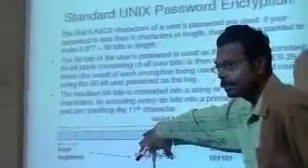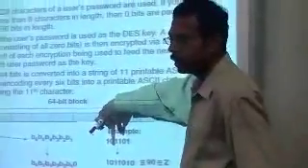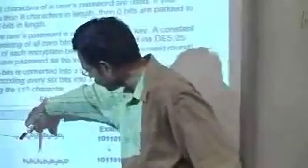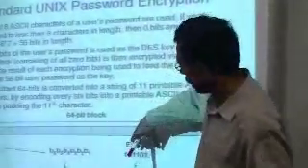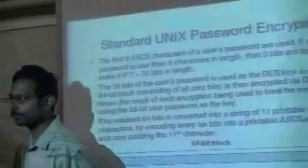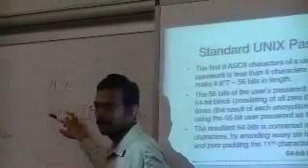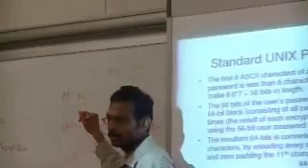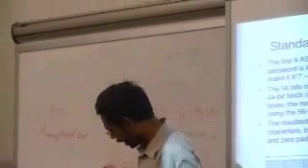So this is one 6-bit value, another 6-bit value, together making 12 bits. Each 6 bits goes through this process and you get a printable ASCII character. That's how you get those two characters representing the salt. Is that clear? Where do you get 3000? The 3000 is a random number generated at the time of creating the user account.